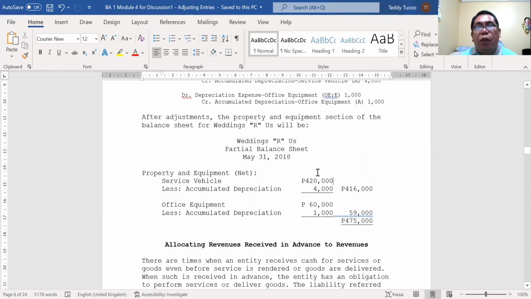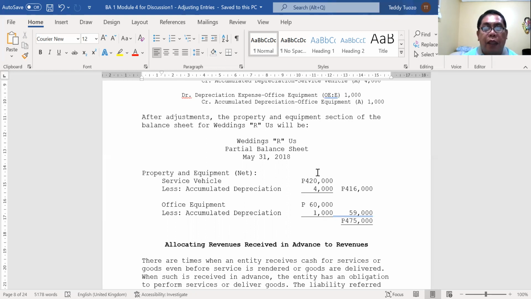Okay, for example, this is the balance sheet, how the accounts are shown at the end of an accounting period. For the month of May, our asset, the service vehicle, is 420,000. Less accumulated depreciation, and then 416,000 would be your net book value.